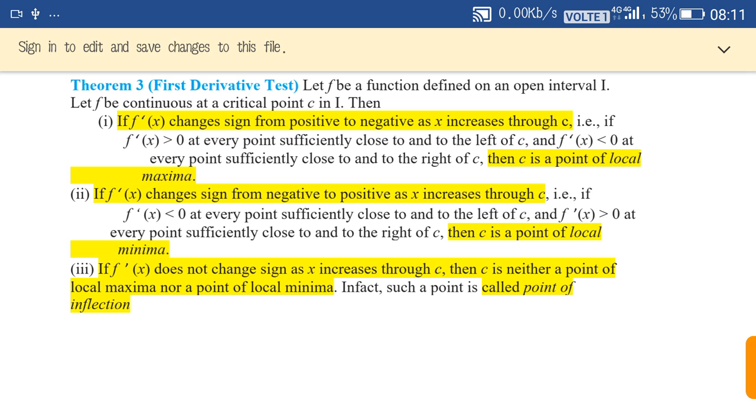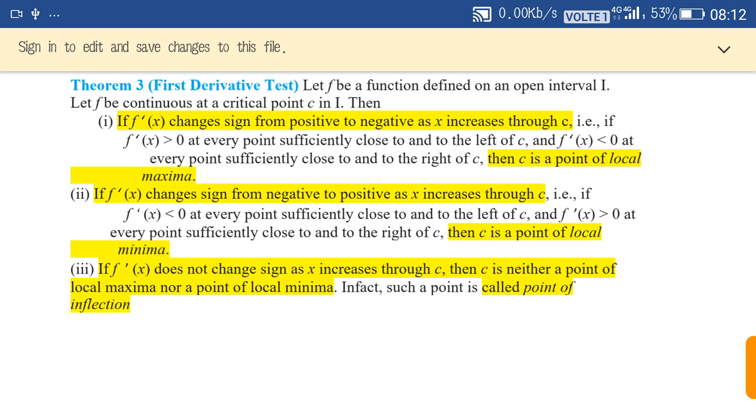Local means in a small interval, and if only maxima or minima is written, it means we are checking in the whole interval. If we take some small part of the interval and check the derivative sign, we write it as local maxima or local minima.